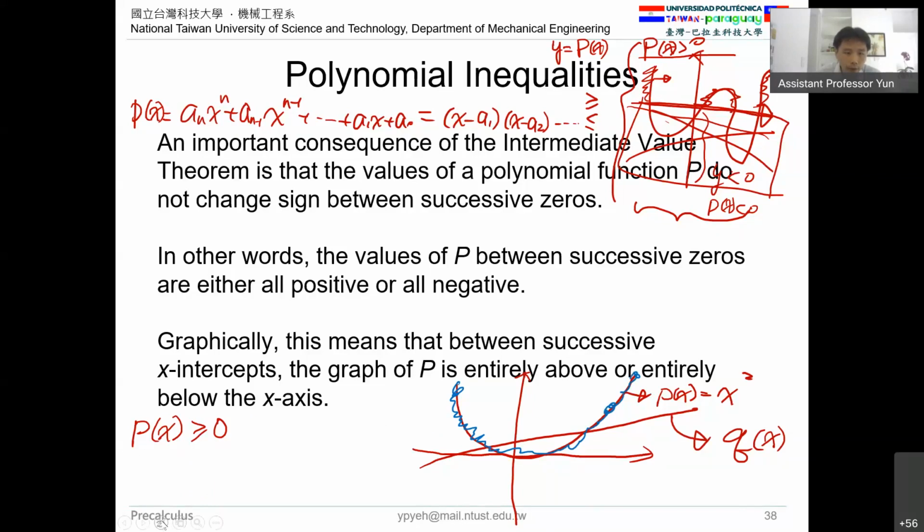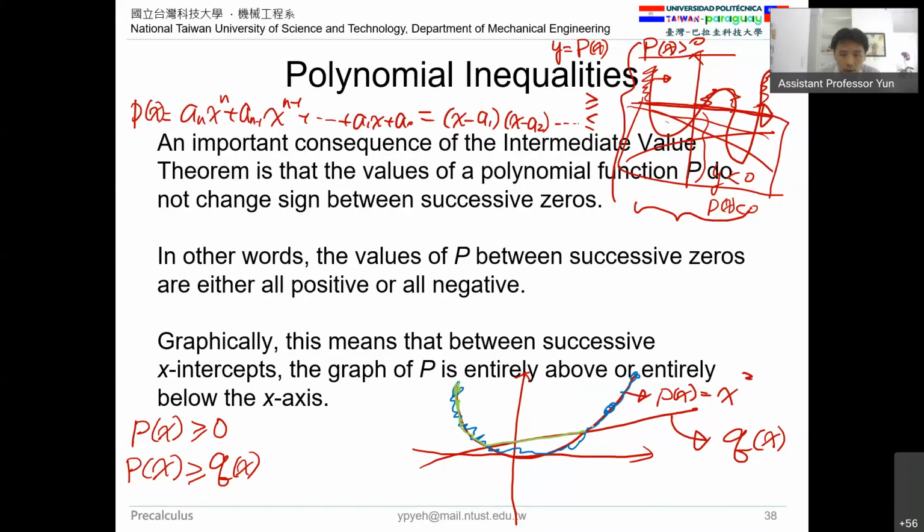But in the case of p of x larger than or equal to q of x, okay? Then for the graph of these functions, we can simply know that that will be these regions, and also these regions, okay?